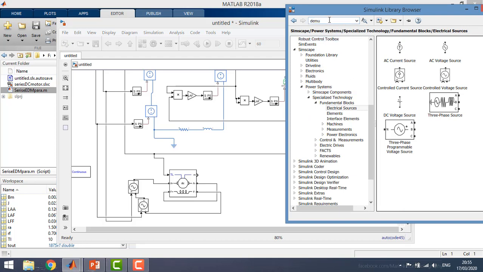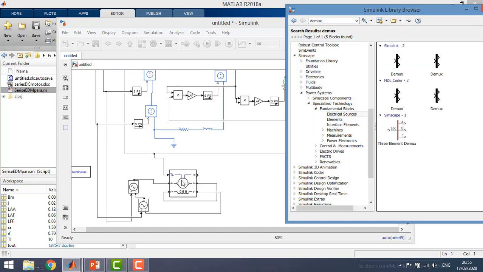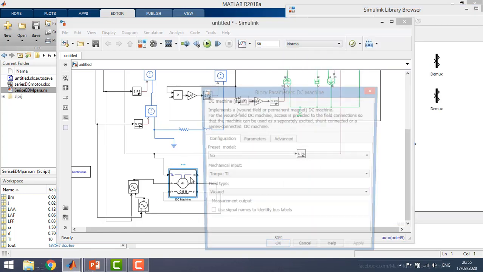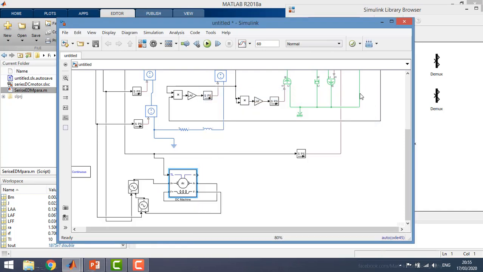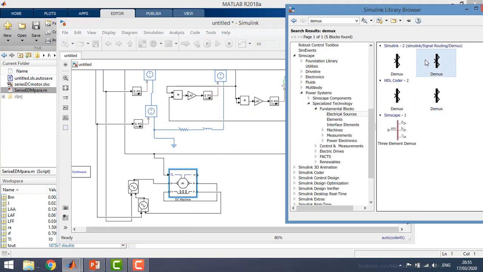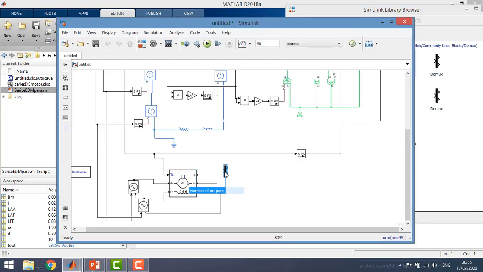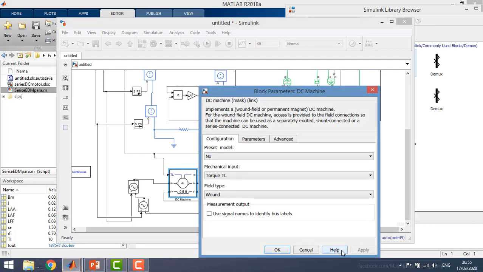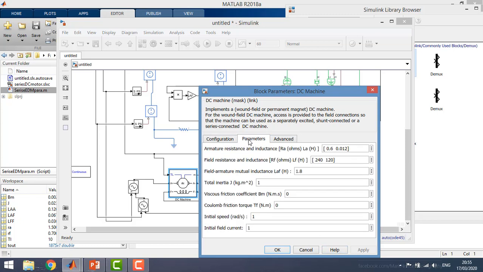So we need the mixer, because we have more than one signal coming out from the machine. Basically we have 4 signals. We can check the signals coming out from the DC machine by going to help. Meanwhile, let's set those values. So this is RA.